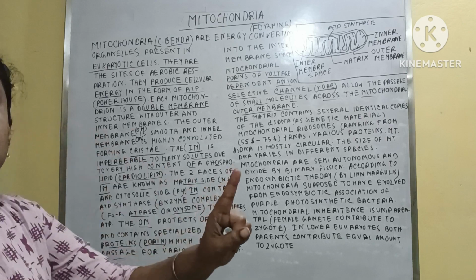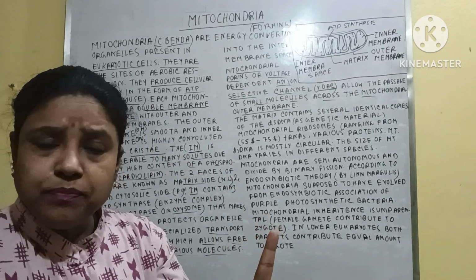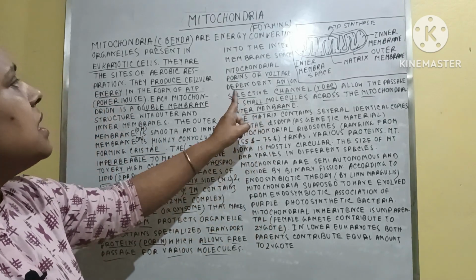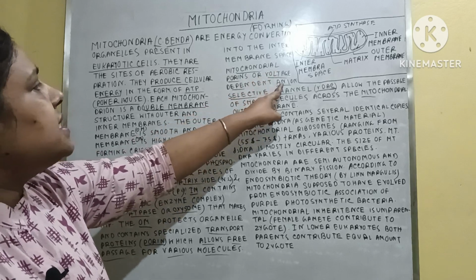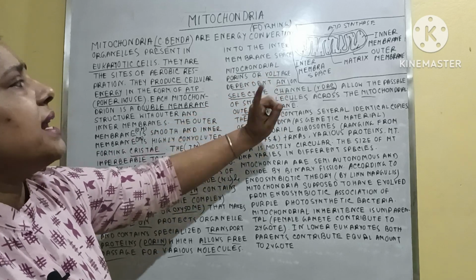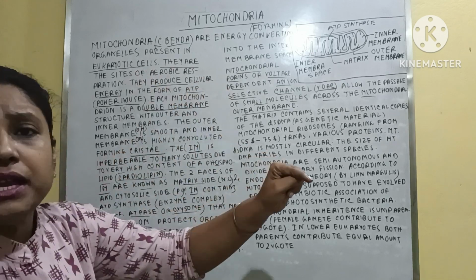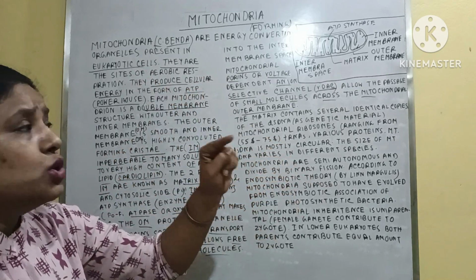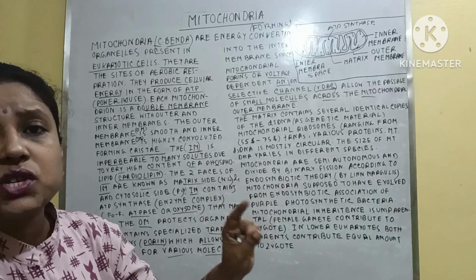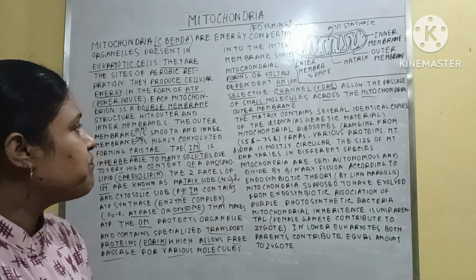So one is the porin and another is the voltage dependent anion selective channel. Clear? This helps the entry of particles through the outer membranous structure of mitochondria.